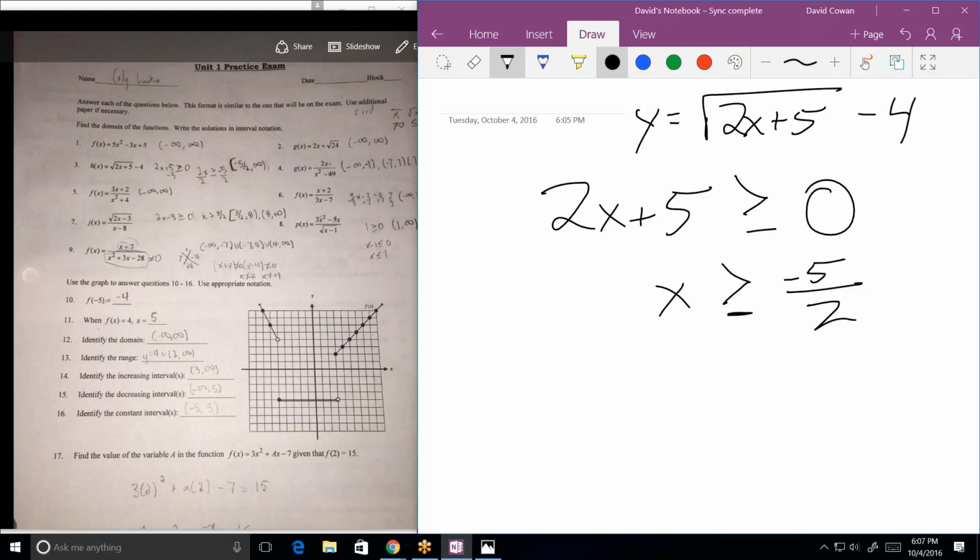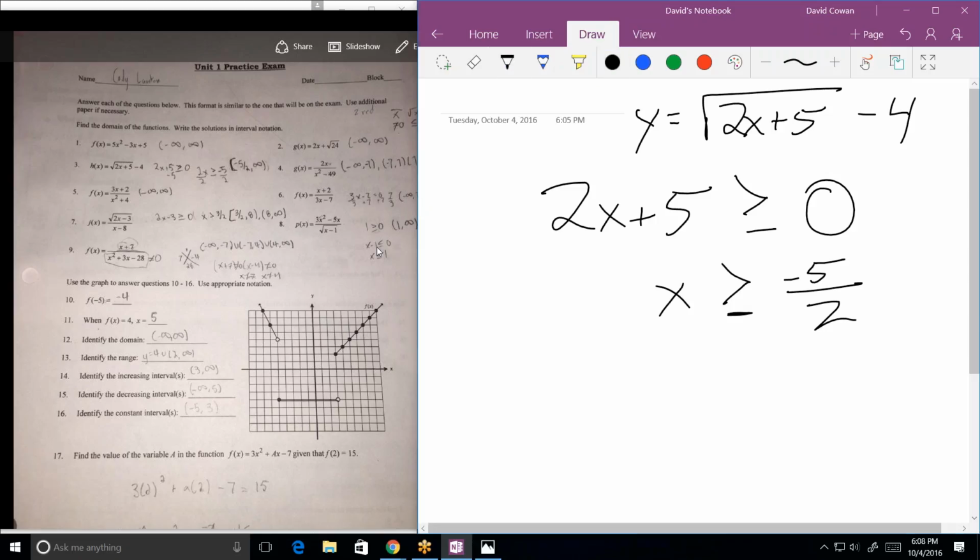X is greater than or equal to minus 5 halves. And that's a good answer, and that should be a bracket, not parentheses. It looks like it is a bracket, because it can be equal to minus 5 halves. That does not violate the domain. Yeah, that one was pretty good.